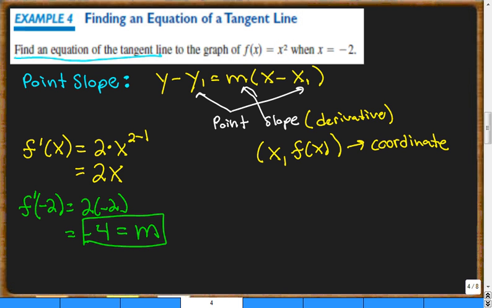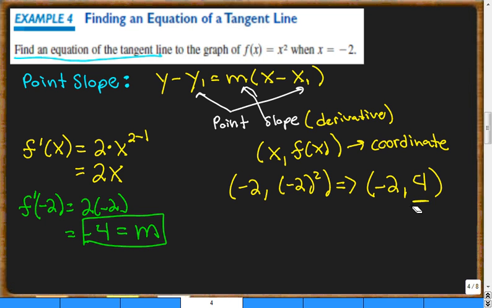So in this case, you get negative 2, that's going to correspond to negative 2 squared. So that is negative 2, 4. So this is the coordinate of the point when x is negative 2. So I need to use all this information together, and I will have my answer.